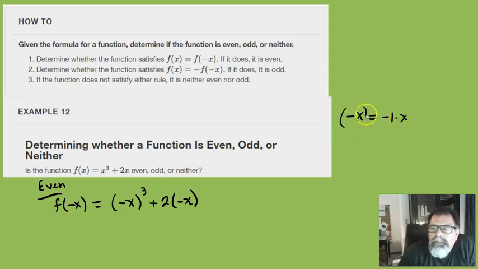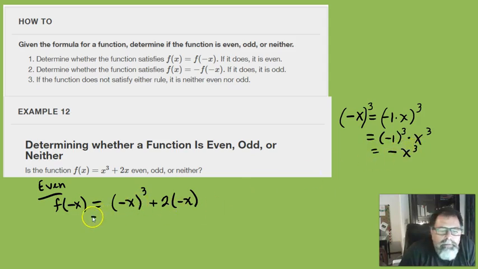So if I raise that to an odd power, using my power rules, it's going to be negative 1 to the third, x to the third, and negative 1 to the third is negative 1. So this becomes negative x to the third, and then 2 times negative x is negative 2x.